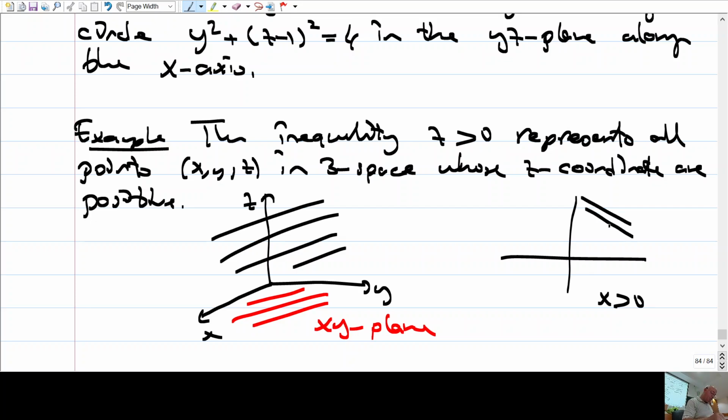That corresponds to all the points in the xy plane where x coordinate is positive. So it is just the set of all points on the right hand side of the y-axis. Here it is the set of all points above the xy plane. Okay.